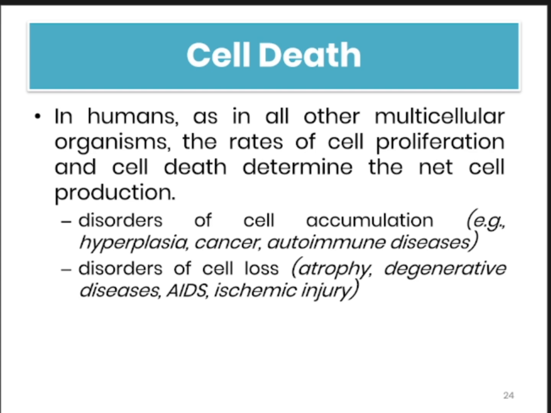Next, we also have disorders of cell loss. For example, we have mentioned atrophy in the muscle wasting a while back. When we talk about atrophy, that would be a decrease in cell size and number. This is due to reduced cell growth or could be increased cell death. And we also have a specific concept in atrophy which we term as atrophy of disuse.